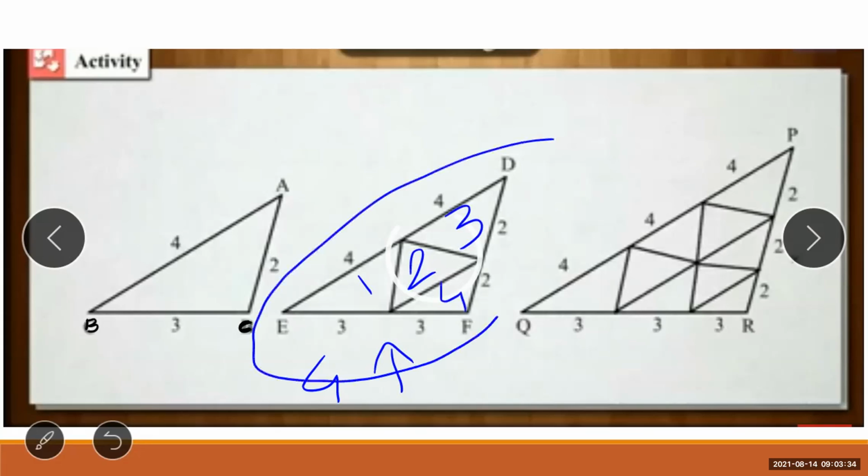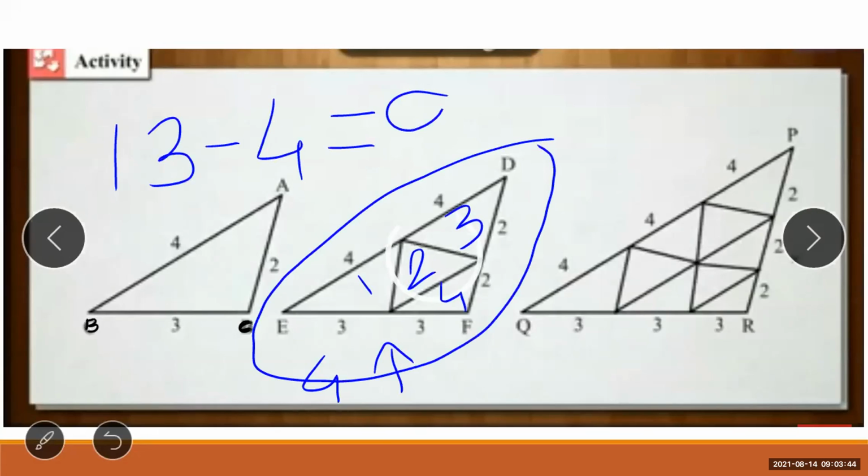Okay. Now, out of 13, 4 are used. Okay, 9 remain. Right? Now, with those 9 triangles, you will form the other, that last triangle, this one.